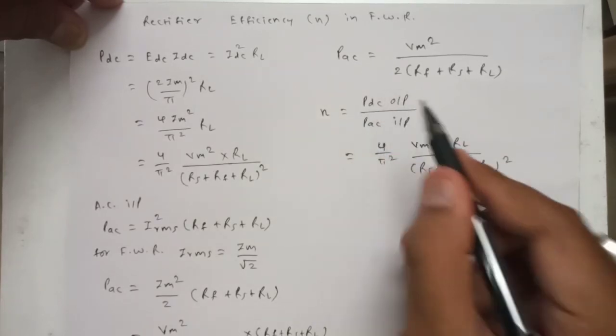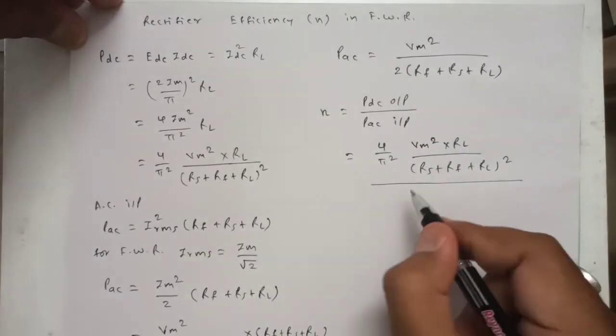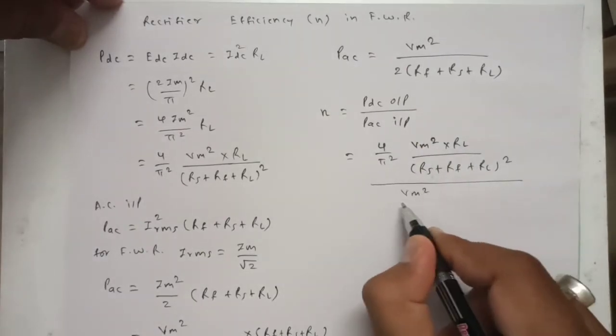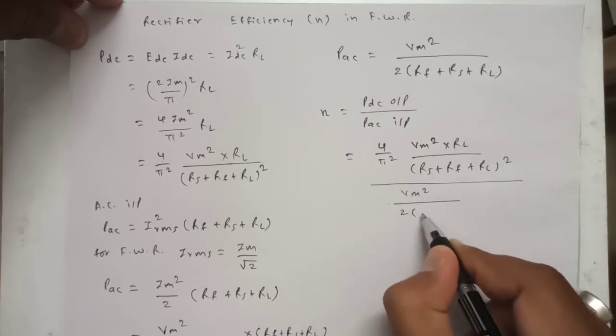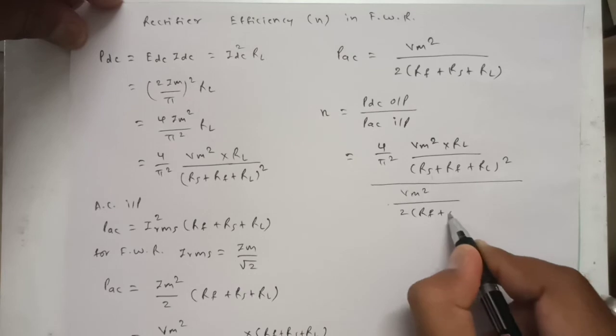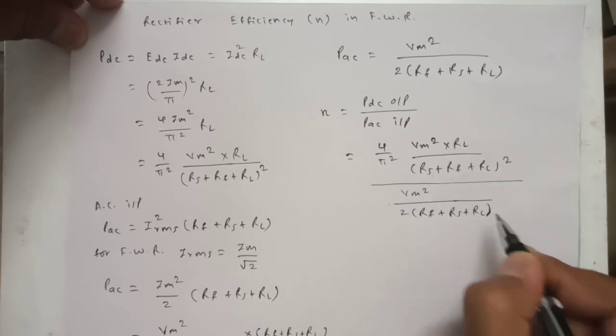This is the DC. Now divided by this AC, which is Vm square divided by 2 in bracket Rf plus Rs plus RL, bracket complete.